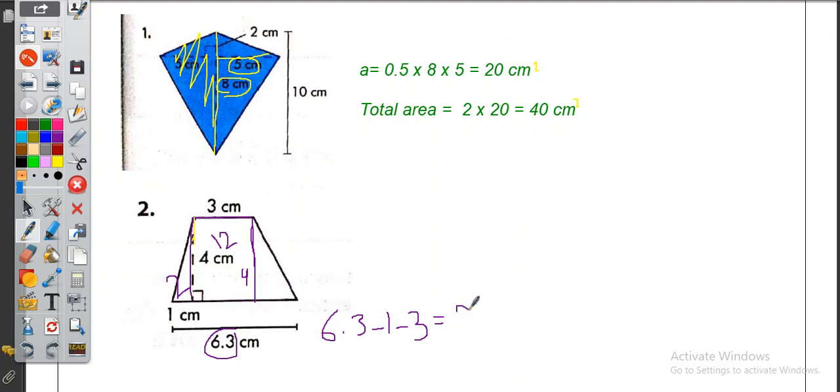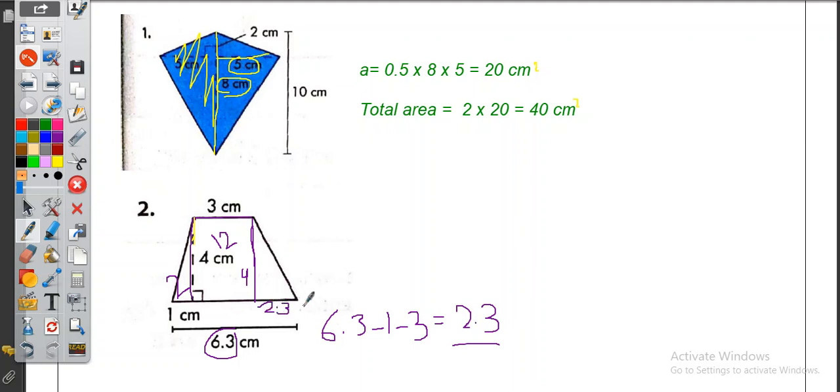So 6.3 minus 1 is 5.3, minus 3 is 2.3. Now this part here is 2.3.